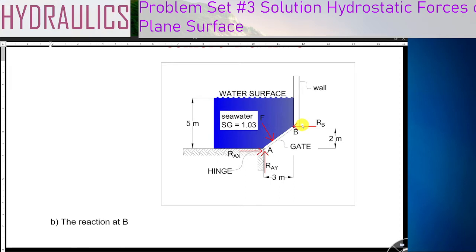Paano natin hahanapin yon? Pwede kasi tayo mag-summation ng moment at A. Kasi sa A, walang nare-resist na moment. So, the moment there is equal to 0.